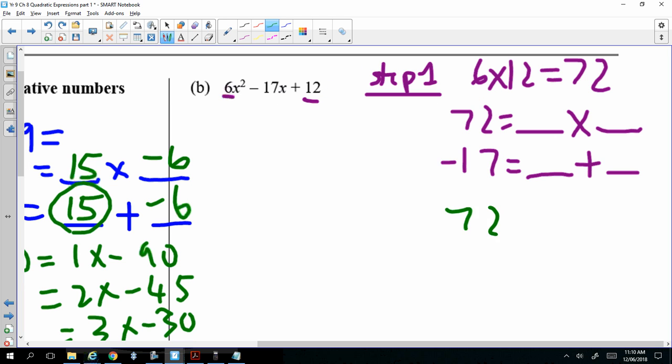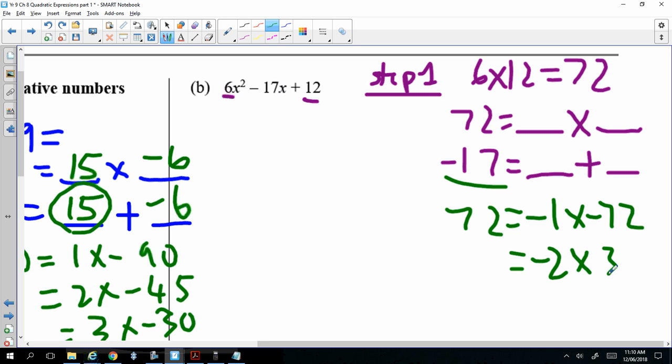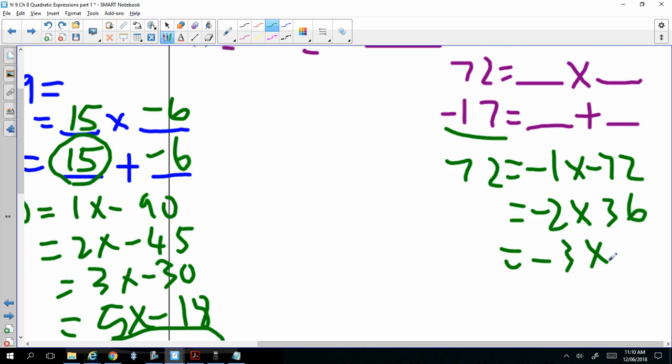Negative 2 times 36. No. Negative 3 times, what would the next one be? Negative 3 times 24? Okay. Does it work? No. What's the next one? Negative 4 times 18, right? Does it work? And what's the next one?